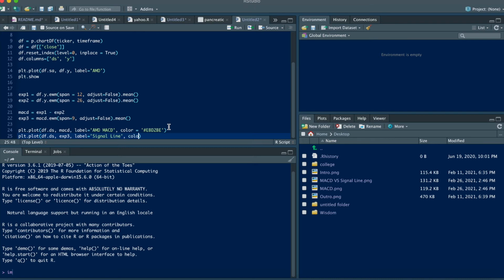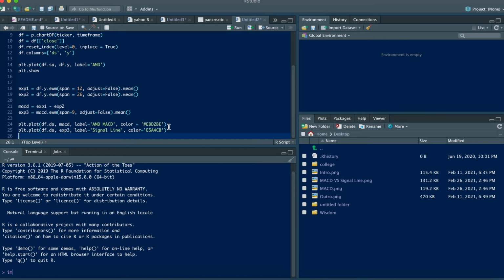So now we have another color, which is equal to E5A4CB. So now, as we have that done, we just need to write 2 more lines, and then we are done, so we're able to compare the two.